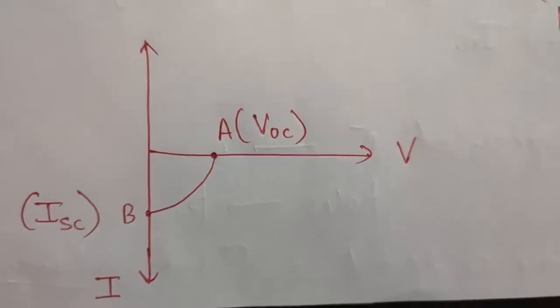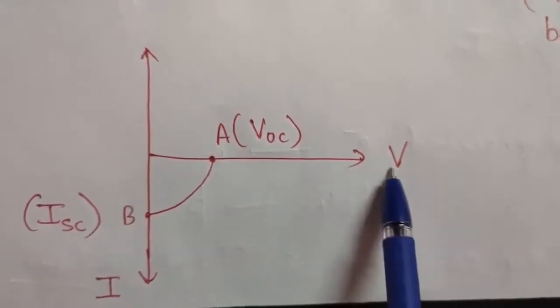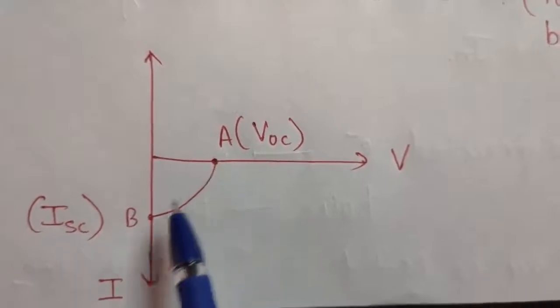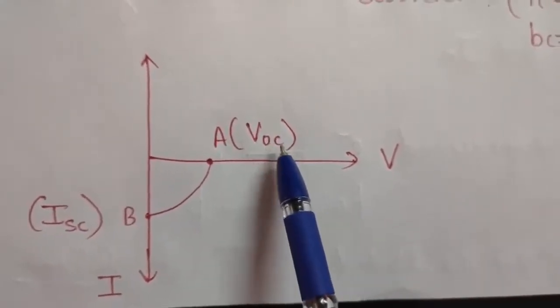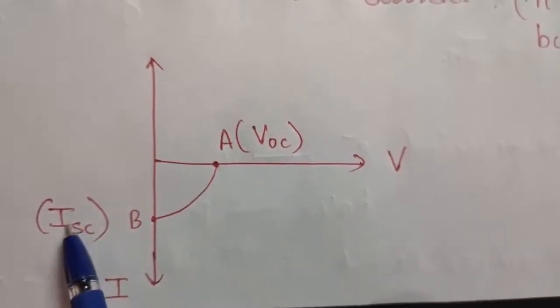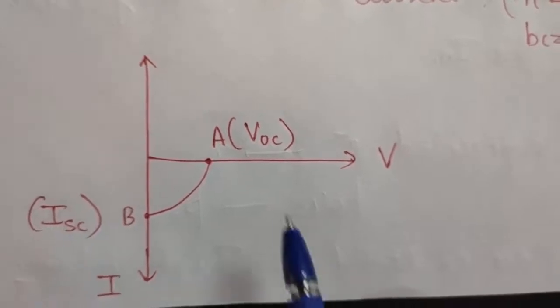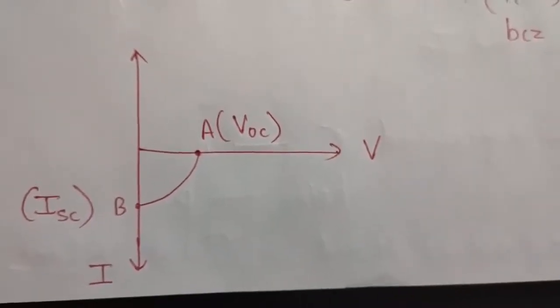Okay, so this is the VI plot for a solar cell. On the x-axis voltage is denoted and on the y-axis current is denoted, and I have taken 2 points here, A and B. So VOC is your open circuit voltage and ISC is your short circuit current. By open circuit voltage you mean, open circuit means when no current is there.